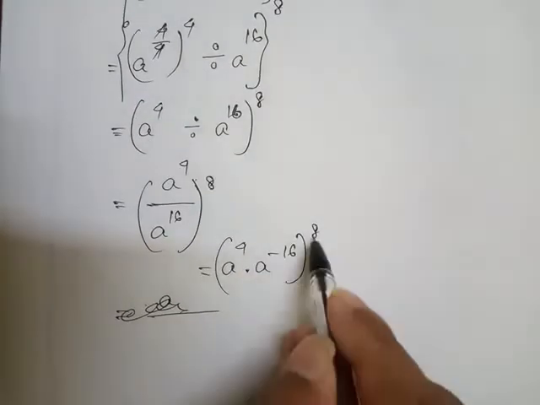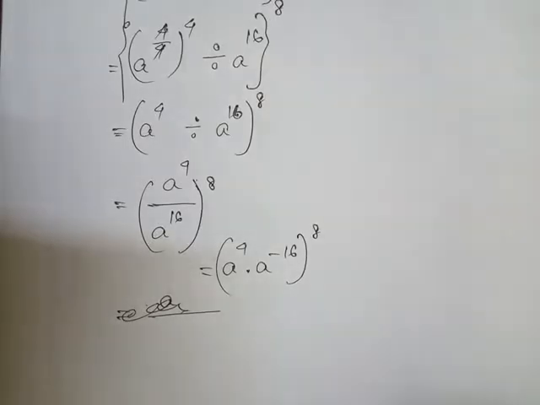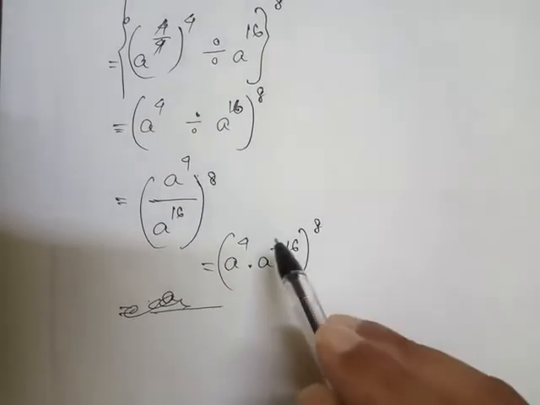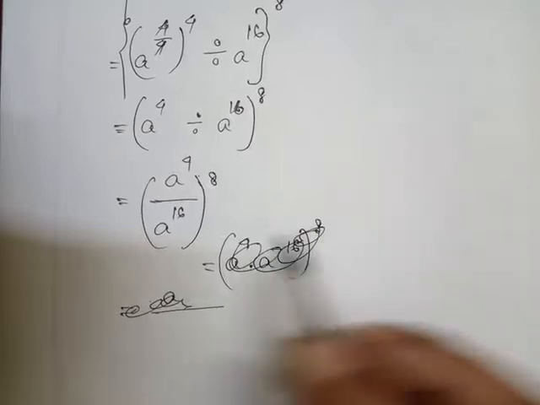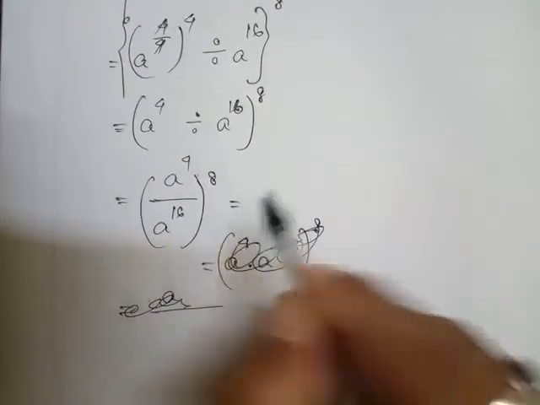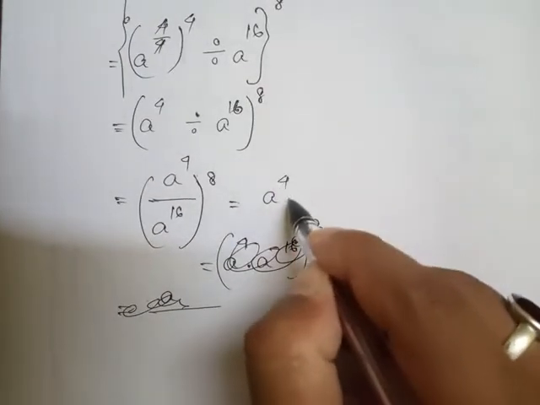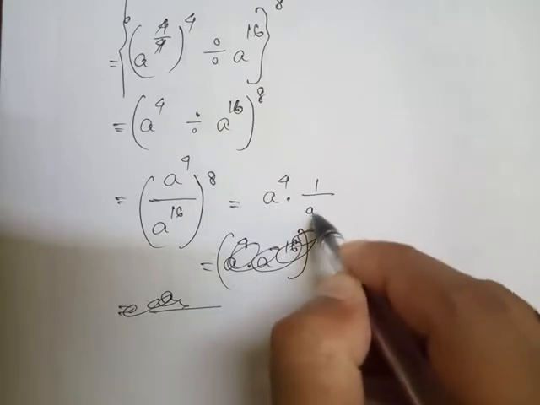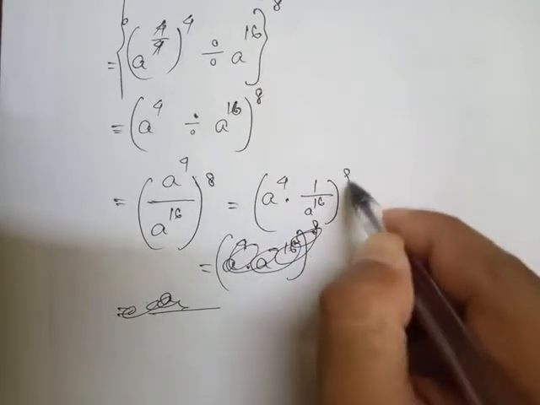Now why I have written this one, there is a formula actually. Okay, now wait student, I am just writing this one again. Now look, this one can be written like a to the power 4 into 1 by a to the power 16 whole to the power 8.